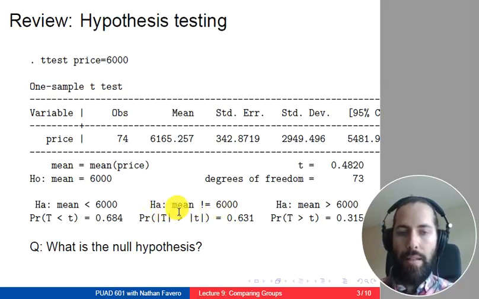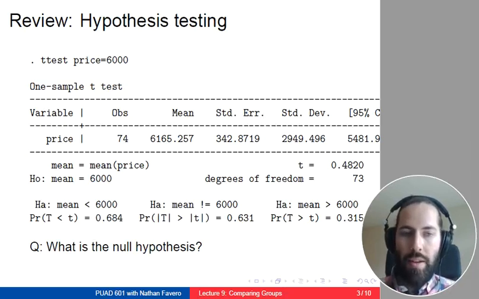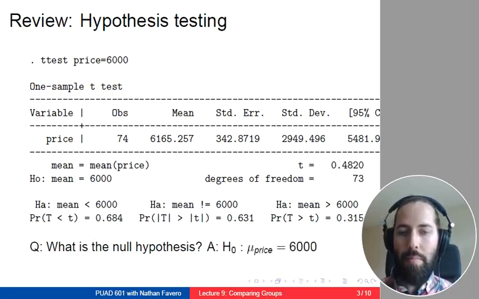And here it says mean, and if you'll remember, that exclamation point in Stata means not, so mean does not equal 6,000. Well, if the alternative hypothesis is that the mean does not equal 6,000, then what must be the null hypothesis? The null hypothesis has to be that the mean is equal to 6,000. And indeed, that is what the null hypothesis is here.